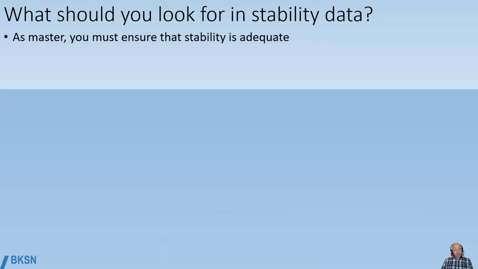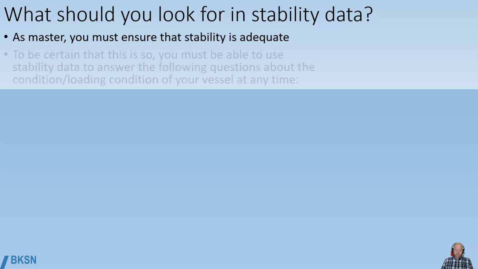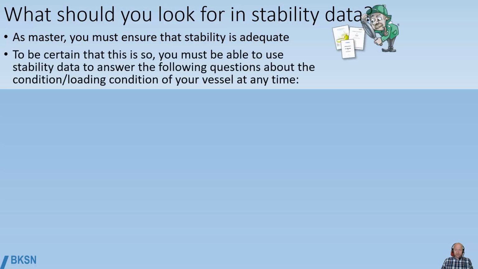As a captain, it is at all times your responsibility to ensure that the vessel's stability is adequate and that all stability requirements are fulfilled. To be able to make sure that this is the case, you need to be able to use stability data to answer the following questions about your loading condition for your vessel at any time.